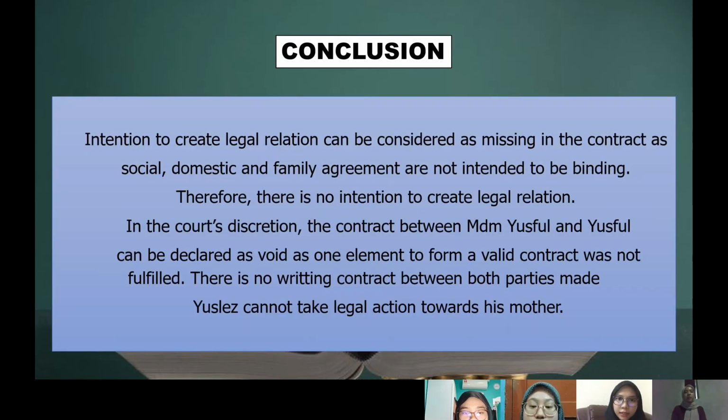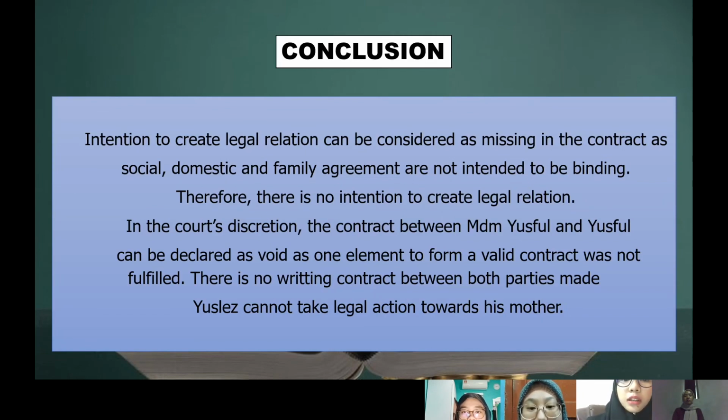So we move to the next presenter. From all the explanation, we can conclude that intention to create legal relations can be considered as missing in the contract, as social, domestic, and family agreements are not intended to be binding. Therefore, there is no intention to create legal relations.